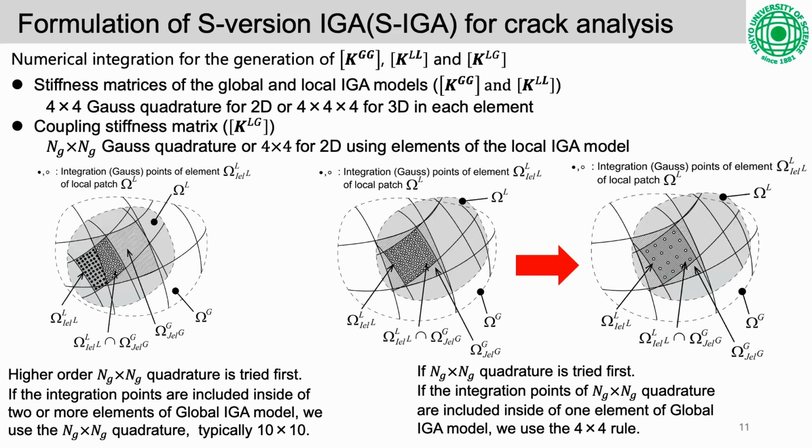Although I claimed that IGA has a higher continuity than finite element Lagrange-type interpolation functions, the function representation switches at the inter-element boundary.